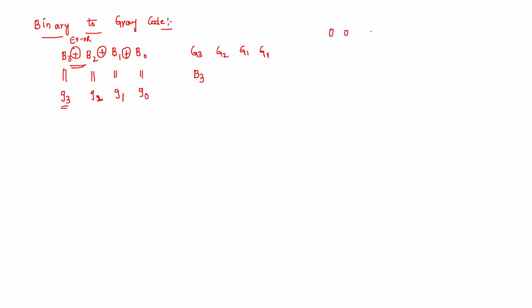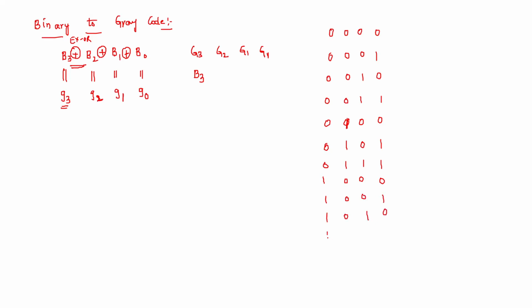Suppose I'm taking all the binary numbers: 0000, 0001, 0010, 0011, 0100, and so on up to 1111.